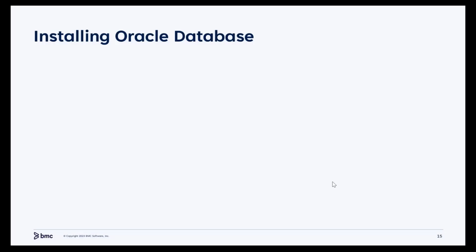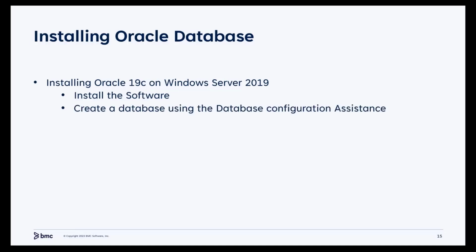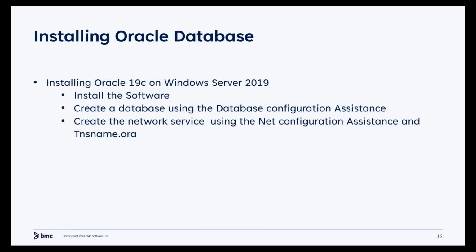In the upcoming video, we will be installing the Oracle database 19C on Windows 2019 server. The procedure will commence with the installation of the software, followed by setting up the database using the Database Configuration Assistant. Subsequently, we'll establish the network service using the Net Configuration Assistant.